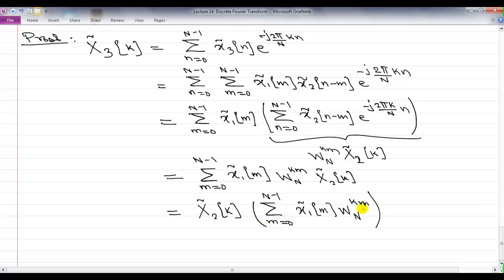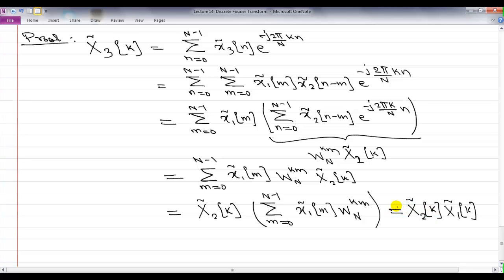Now this is nothing but the discrete Fourier series of x1, because little m is a dummy variable. So that becomes x2 tilde of k times x1 tilde of k.